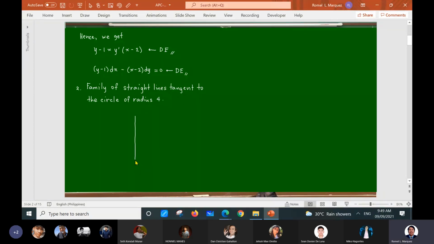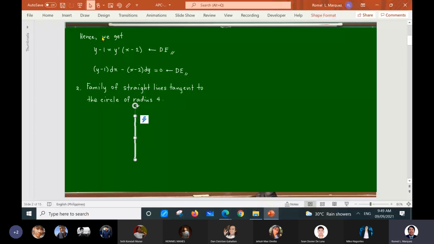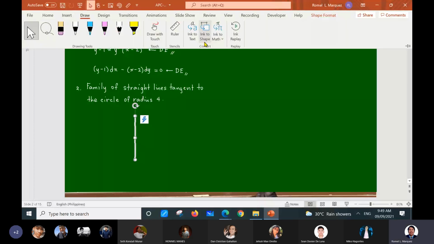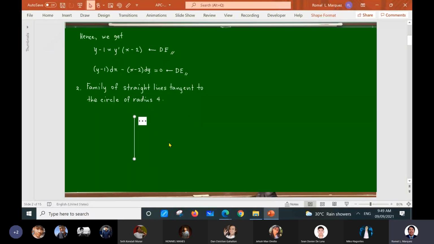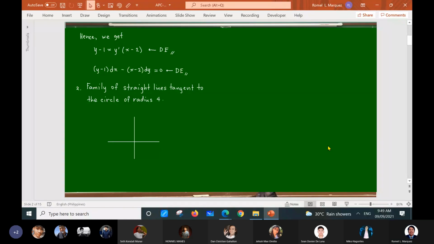Let me sketch this, because a circle is not that easy to sketch; if you don't have accurate scaling, you will come up with a deformed circle.